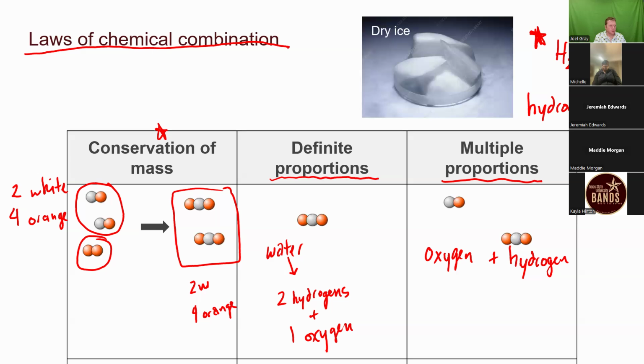So with oxygen and hydrogen, you could make H2O. You could make H2O2. These are 2 examples of the pairings of otherwise similar atoms. Oxygen and hydrogen, they can pair up in different ways. They could also make hydroxide. There's water, there's hydrogen peroxide, there's hydroxide. These are all different compounds, but they're all made with hydrogen and oxygen.